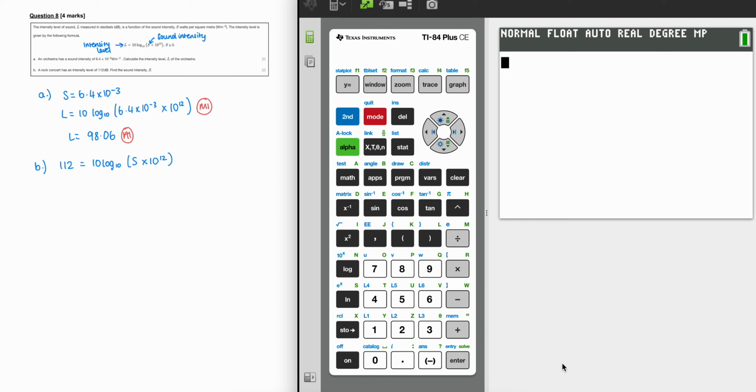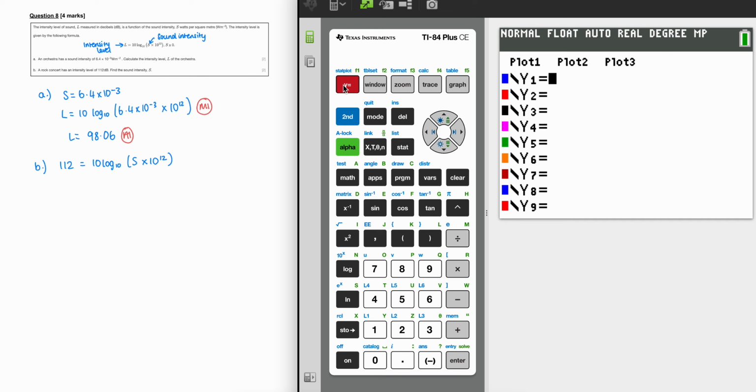So for this one, it's probably easiest to plot this on a calculator. We can plot the 112 and we can plot the other side with the equation. So I'm going to go into my equation. I want to plot 112 and I want to plot 10 times, and then I've got the logarithm, which automatically comes up as base 10.